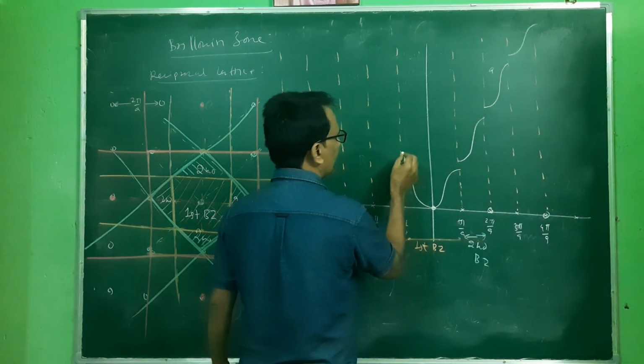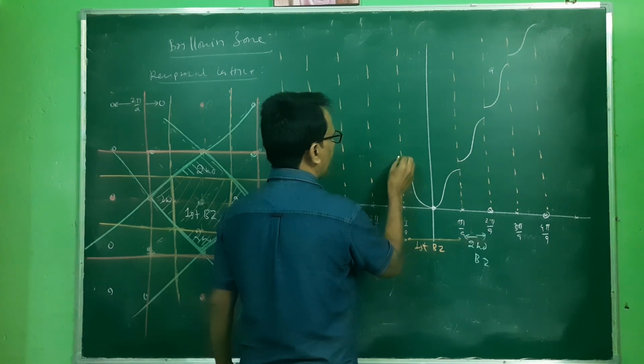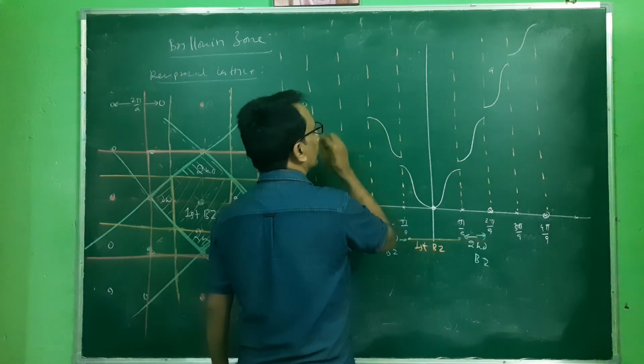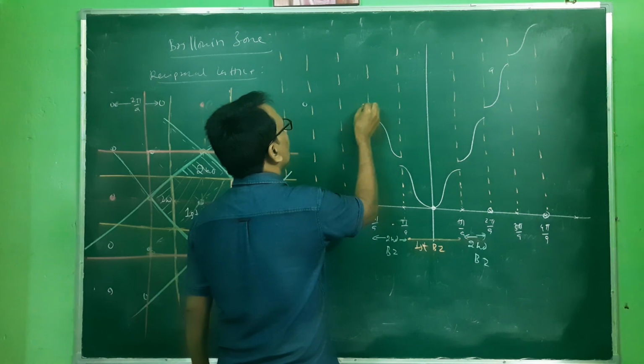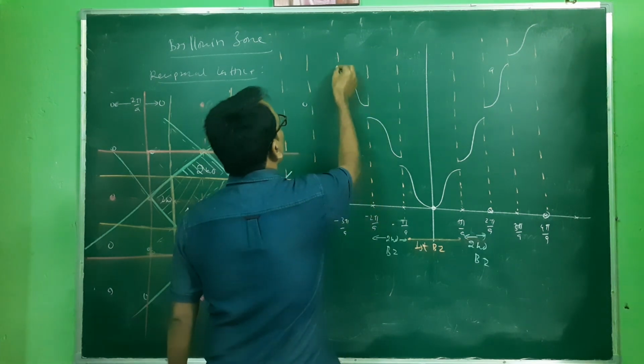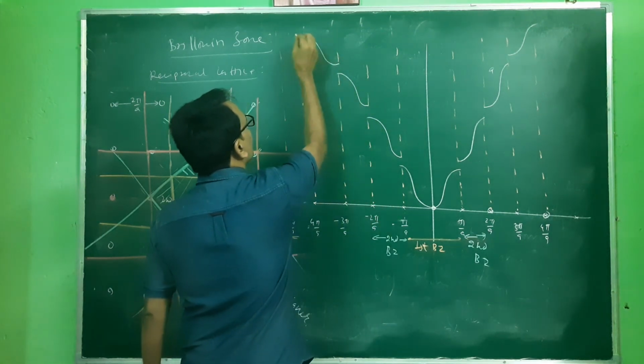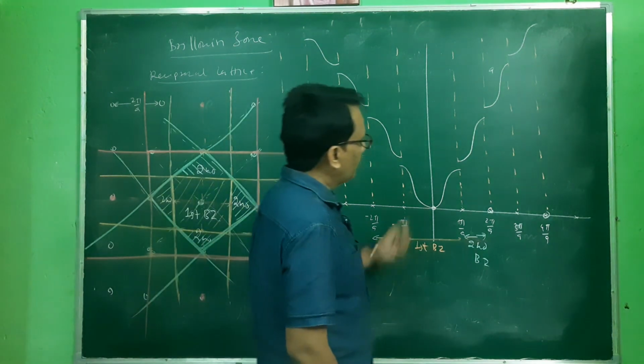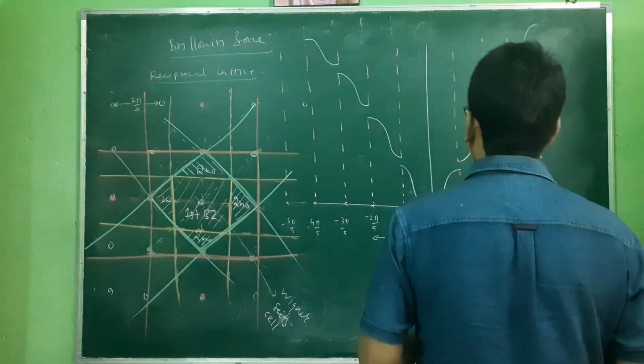Similarly here at the Brag's plane, continuity breaks, so this will be like this. So this is one E-K diagram.